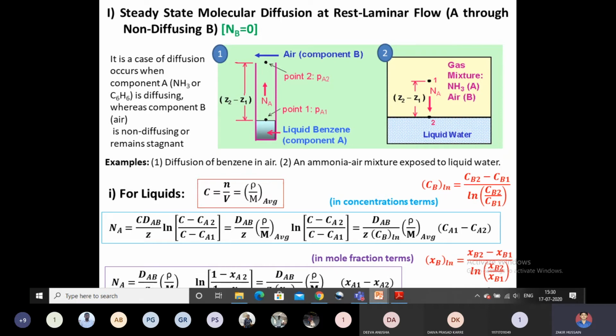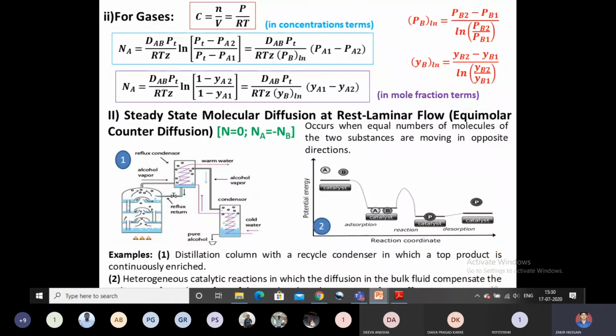The next case is the same A through non-diffusing B for gases. In the next class we will see how to derive it for gases. It is a very simple equation. If you take this liquid equation, in place of C we have to substitute P by RT. If this is CA, we substitute PA by RT. If this is CA1, we substitute PA1 by RT.